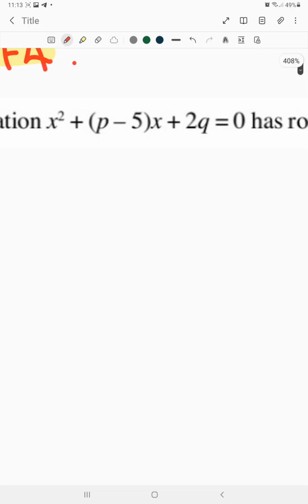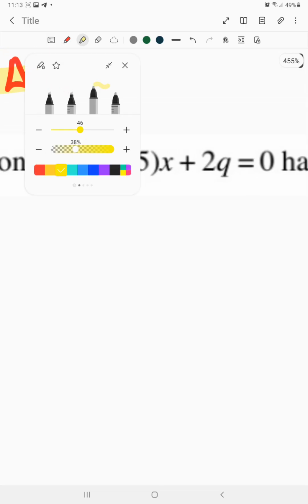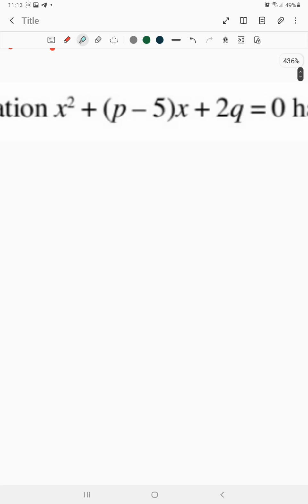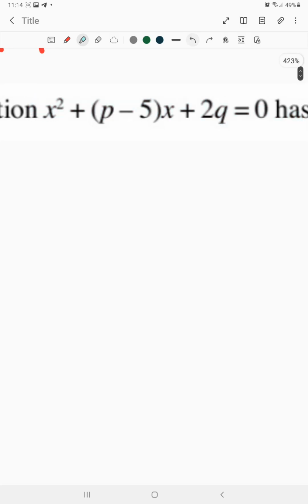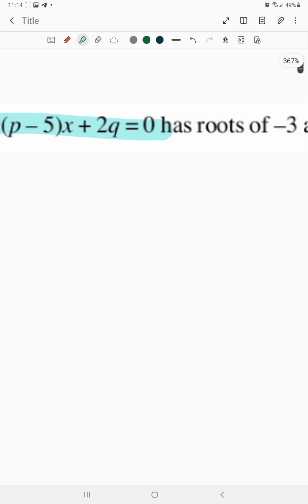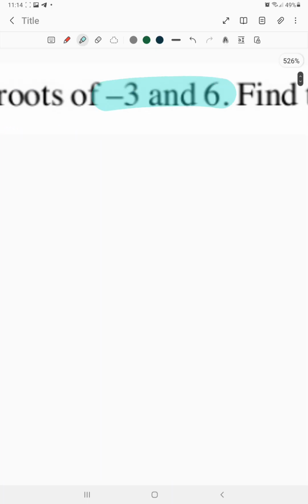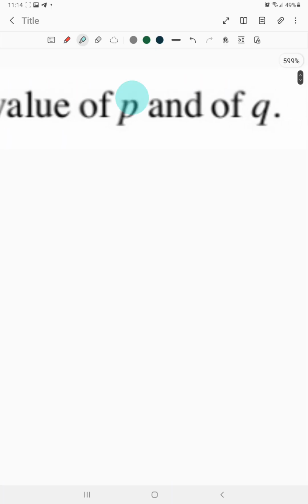The quadratic equation x squared plus (p minus 5) x plus 2q equals 0 has roots -3 and 6. Find the value of p and q.